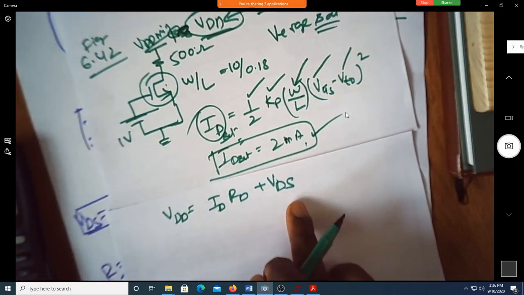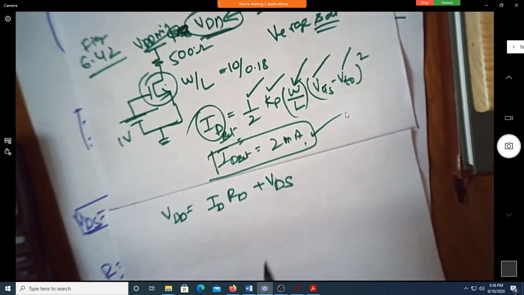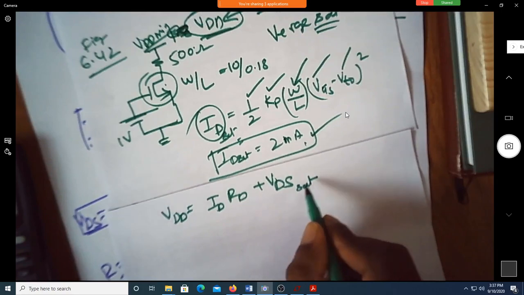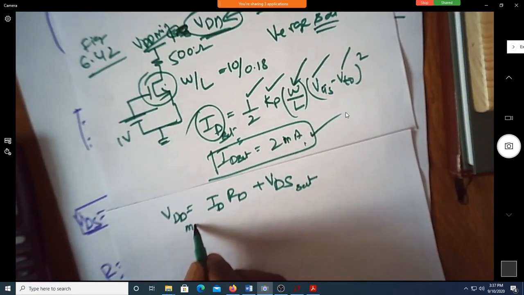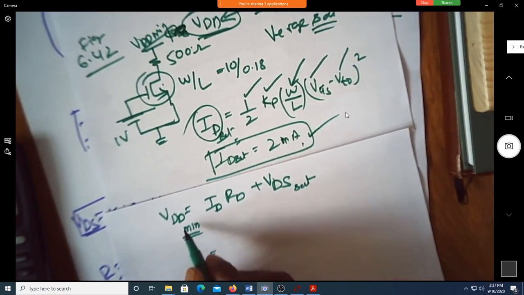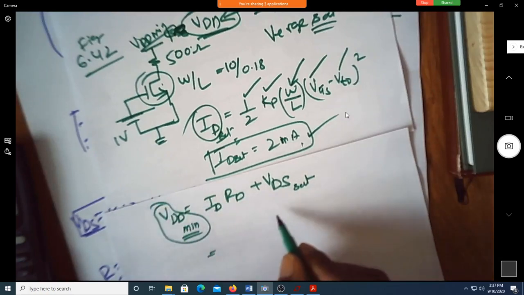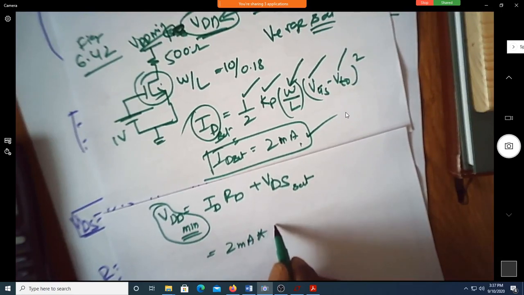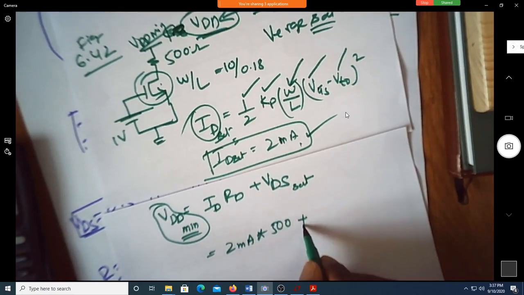VDS in general. Suppose if this has to be at VDS sat, they are asking what is this minimum voltage. Am I correct? Yes, sir. So how much is this minimum? I don't know. But do we know what is ID? Yes, sir. 2 milliampere. How much is RD? 500 ohm.